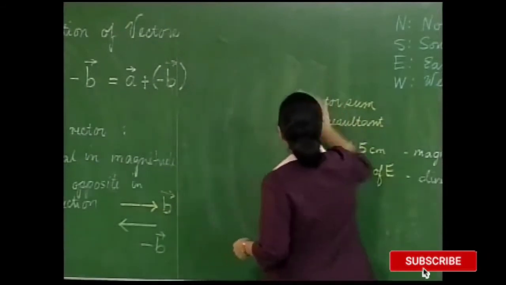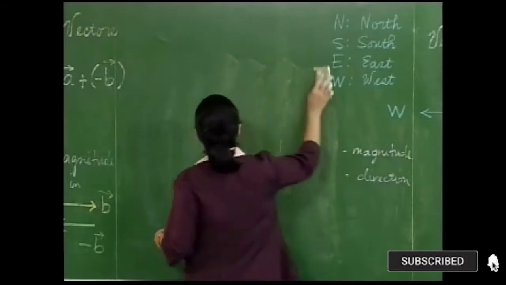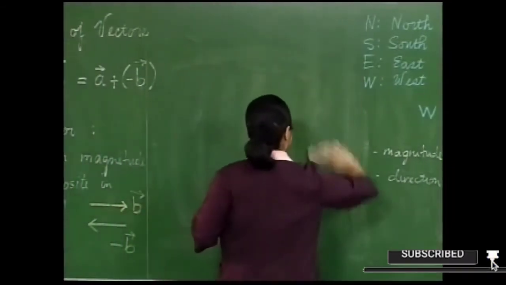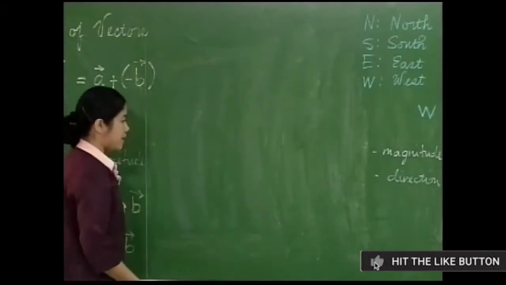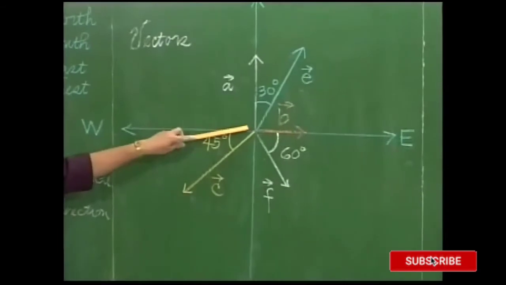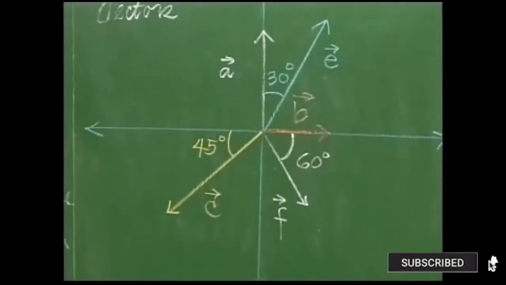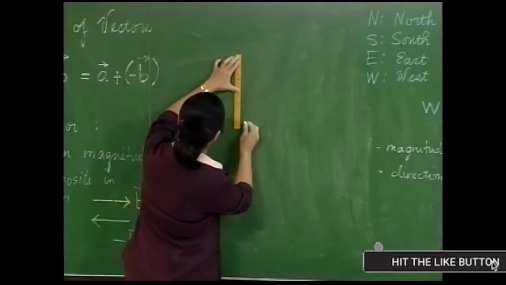I take vector A again, using the tail to tip method. Where is vector A? It is this vector, 25 centimeters due north. So 25 centimeters due north.